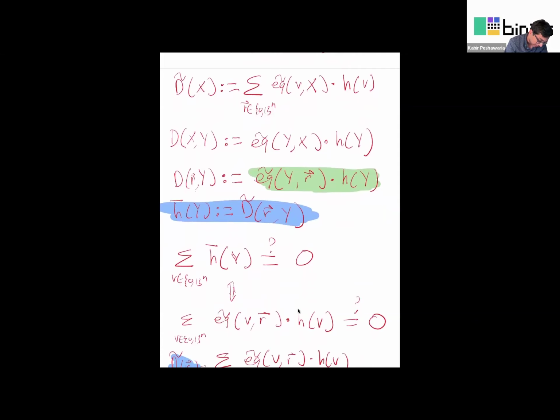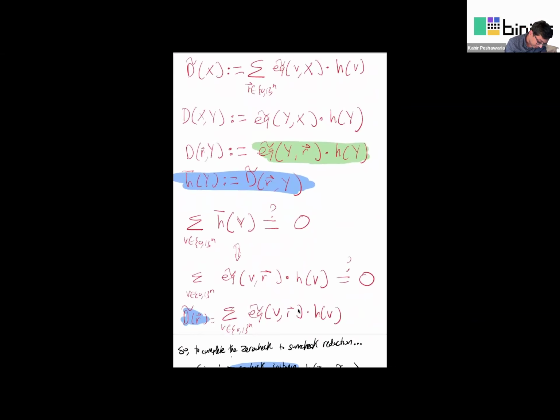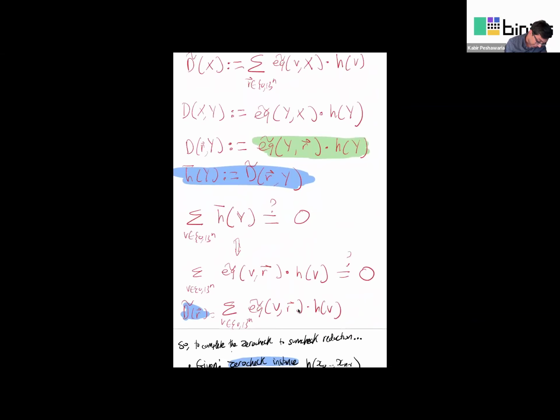Then that changes h bar of y into just this expression, which no longer has any variables in it. Now this expression is basically the same thing as taking this expression and changing the x into an r. So what we end up getting is that this sum is exactly the same as this sum, which is exactly the same as checking whether d tilde of r is equal to 0.